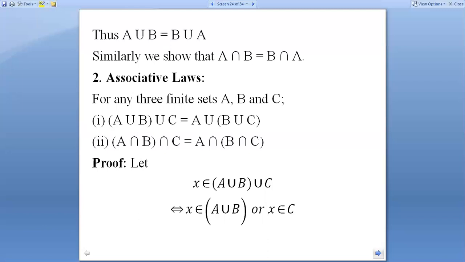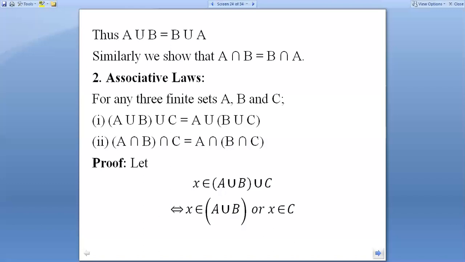So the result in both the cases remains the same and order doesn't matter. The associative law is the same thing: whether (A union B) union C is taken or A union (B union C) is taken, the answer will remain the same. The same result holds for multiplication as well as intersection. So here again I am taking the concept of the equal set definition.